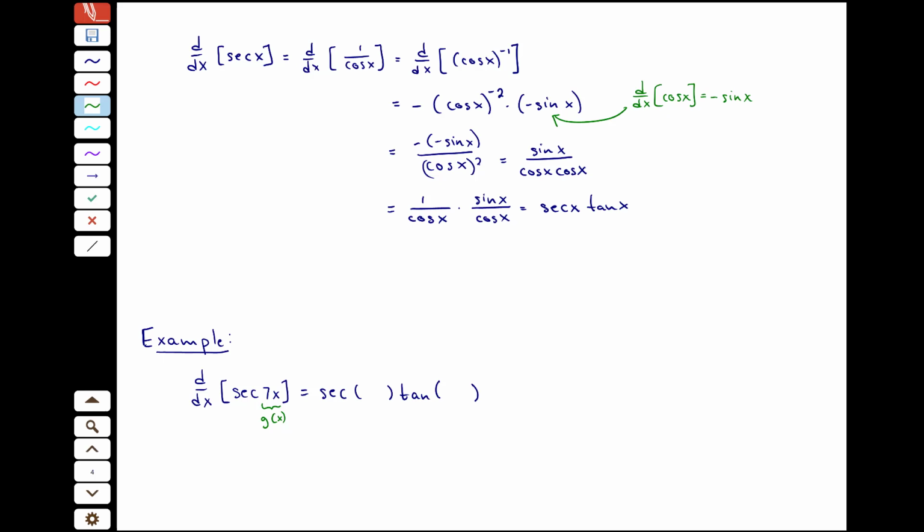So I have 2 different places where I have to stick my original inside function, which was 7x. And then I can multiply by the derivative of that inside function, and the derivative of 7x is just 7. So simplifying this overall, we have 7 times secant 7x times tangent of 7x. And if you prefer, you can leave the parentheses there. There's nothing wrong with it. You just might not see it there all the time.